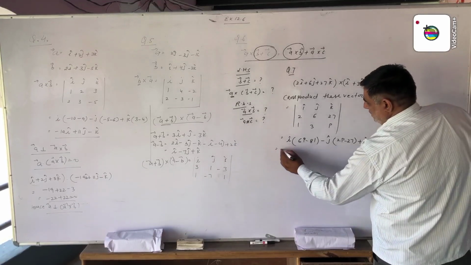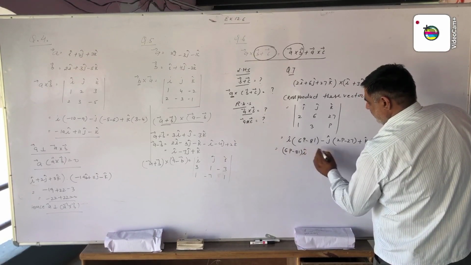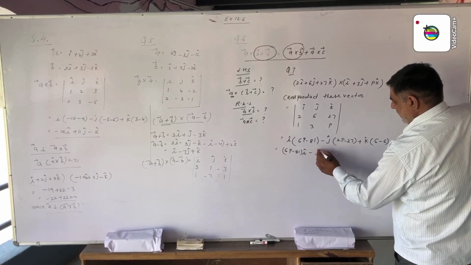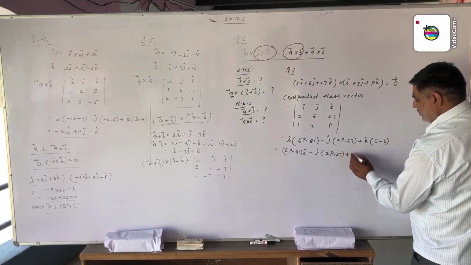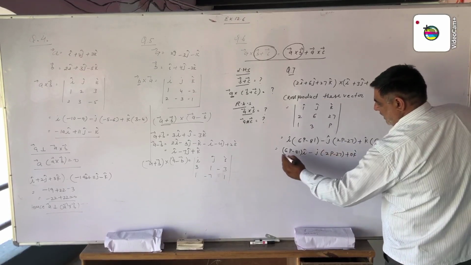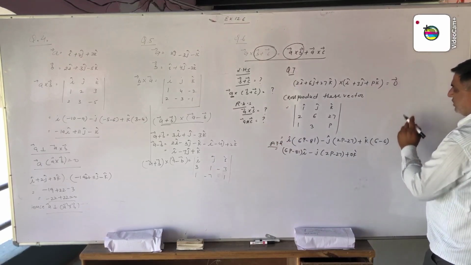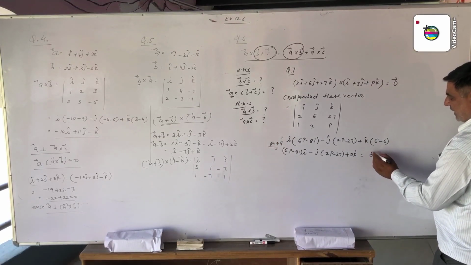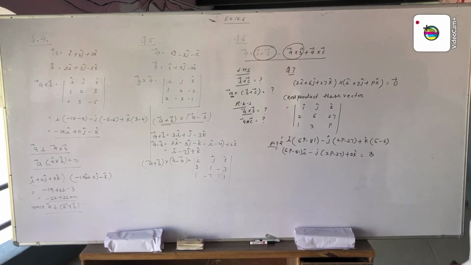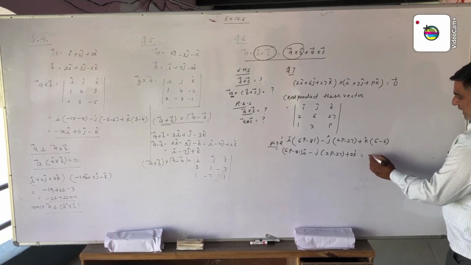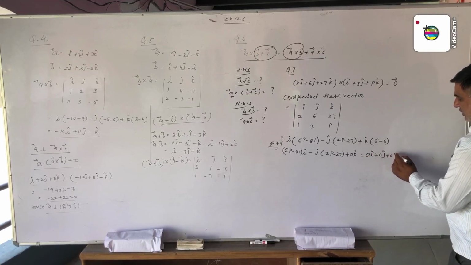So we get 6P minus 81 into I, minus J into 2P minus 27, plus 0K. And now according to the question, it is given that this vector equals the 0 vector. 0 vector means it is 0I, 0J, 0K. Now we write 0I plus 0J plus 0K.